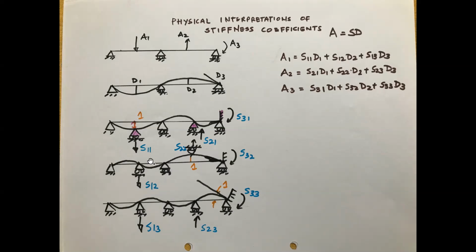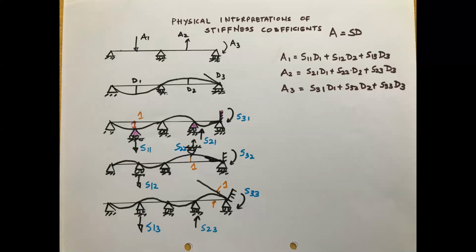Why is this being introduced? Because it should be a force. Second, please understand these stiffness coefficients are different from our internal bending moment and shear forces. So we will discuss that also later on.